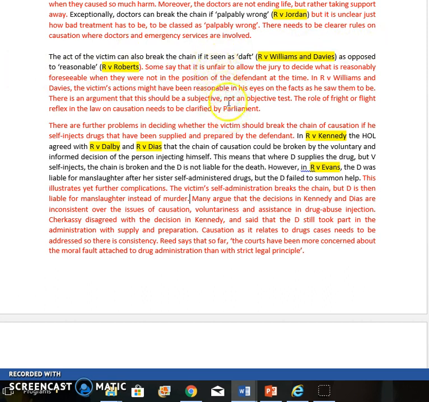So my evaluation of these cases, the fact that it'll break it if daft, it won't if reasonable, that it might be unfair to allow the jury to decide that. Because in the case of Williams and Davies, the jury felt that what the victim did was daft. However, they weren't in the victim's position, and clearly the victim was frightened. So that seems a little unfair, perhaps.